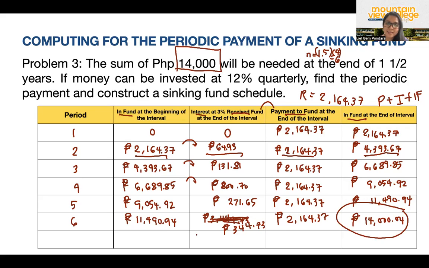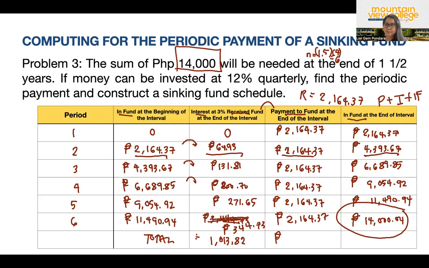Now we add. How much is the total interest? And Vince, the fourth column, how much is the total payment given? 1,013.82. Okay, very good. How about Vince?